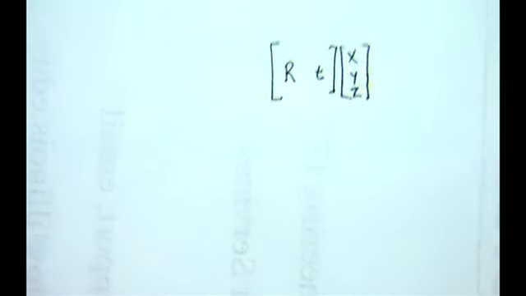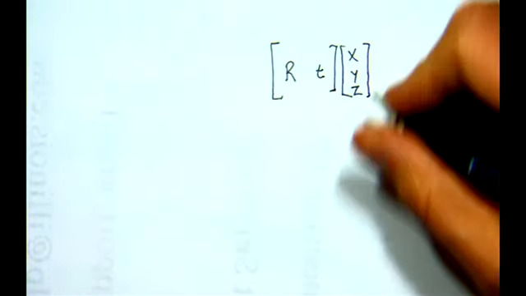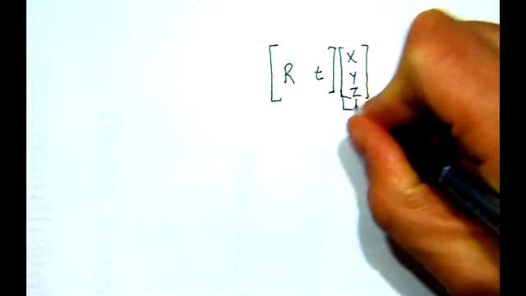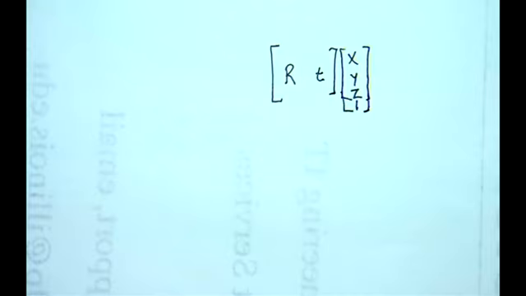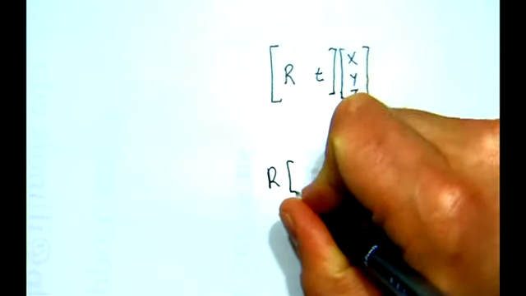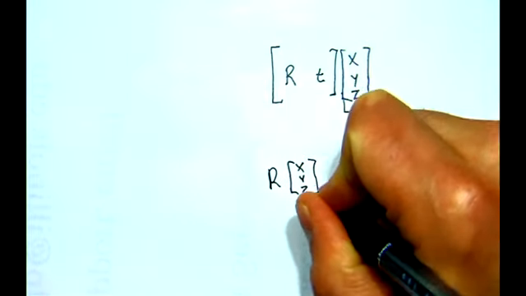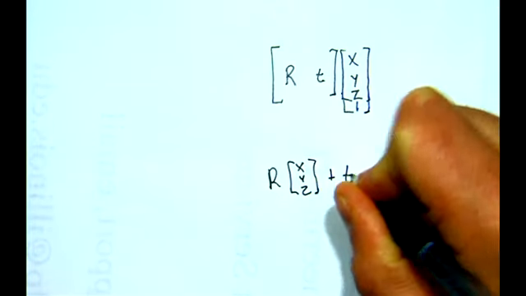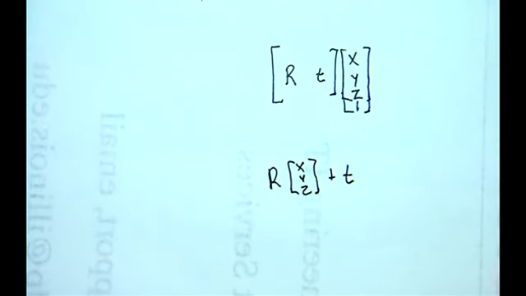So rotation is a 3×3 matrix, and translation is a 3×1 vector. And that maps x, y, z, 1. The 1 is so that we can add a translation. So this makes it so that we have R times x, y, z plus t, and that maps from the world coordinate system into the camera's coordinate system.